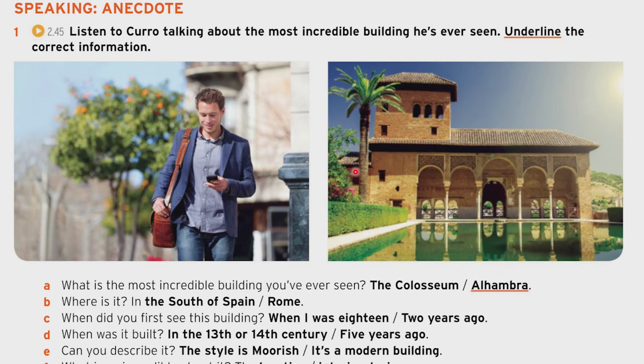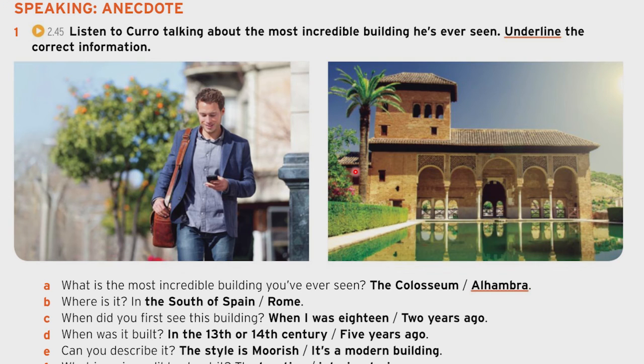The most incredible building I've ever seen is the Alhambra. It's a beautiful palace in Granada, in the south of Spain. The first time I saw the Alhambra Palace was when I was 18. I went to visit my brother who is studying in Granada. I think it was built in the 13th or 14th century for the Moorish kings. Alhambra is an Arabic name. It means red, probably because of the color of the walls. It's an enormous building. I don't know who the architect was, but the style is Moorish or Islamic.